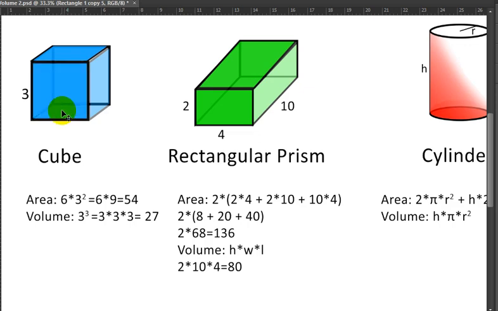And we multiply it. Now, what we need to figure out, the volume is basically saying, how many of these would we need to make up the entire cube?